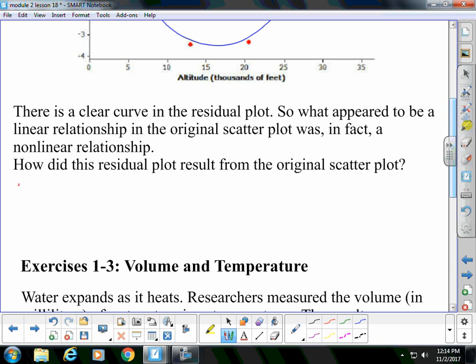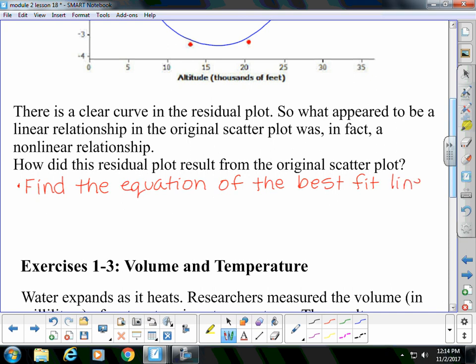We have to find the equation of the best fit line. And then you have to find the predicted values.